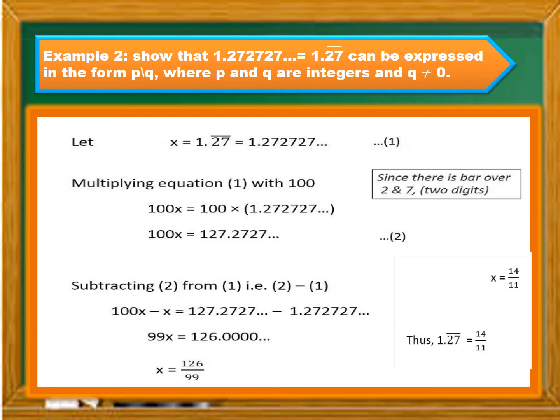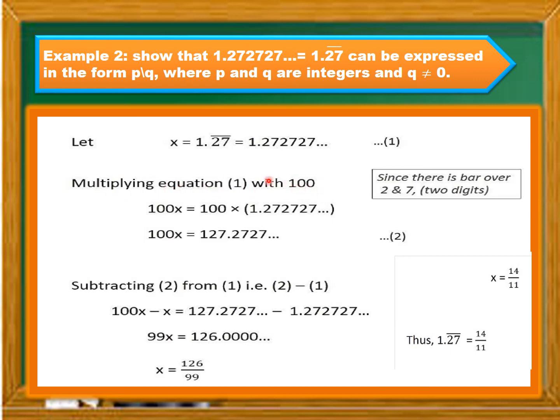The same method we are going to apply. Let x is equal to 1.27 bar, that is 1.272727 dot dot dot, and mark this as equation 1. Since there is a bar over 2 and 7, that is 2 digits, we are going to take 100, as 100 contains 2 zeros.